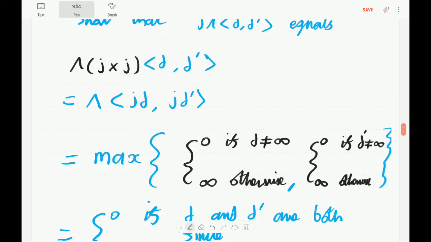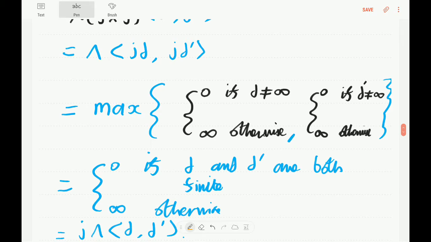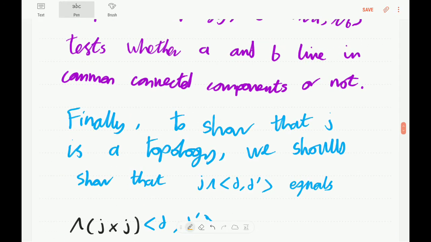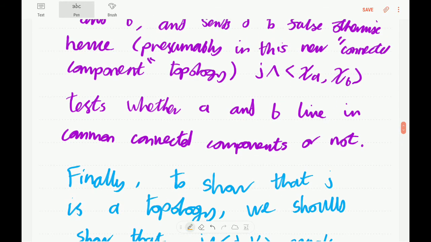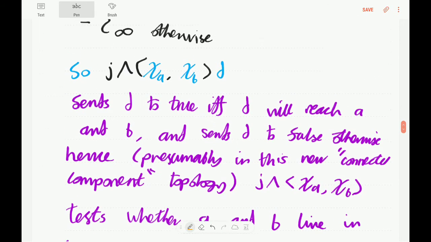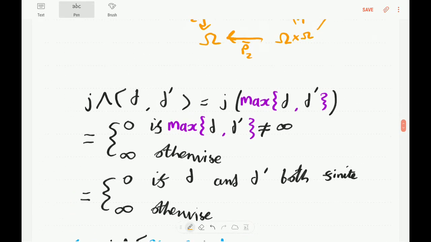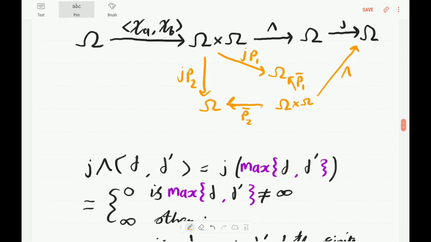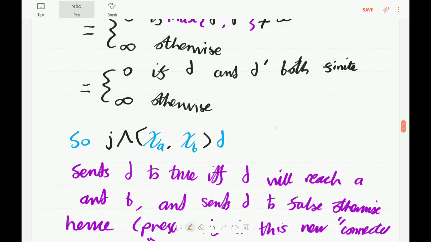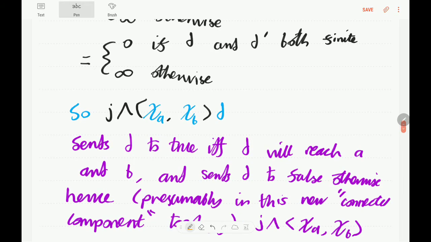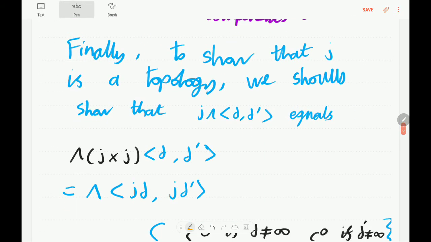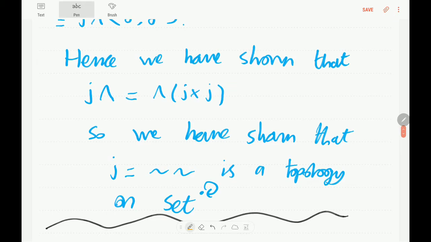The nice thing about a topology is that we can form another topos. We say something is J true when, I think, oh, I've got it written down somewhere.